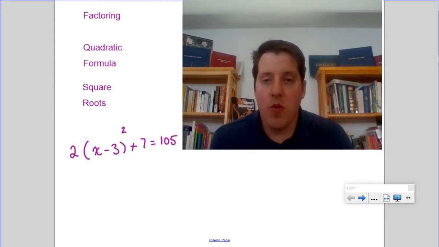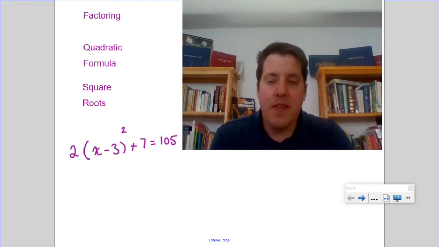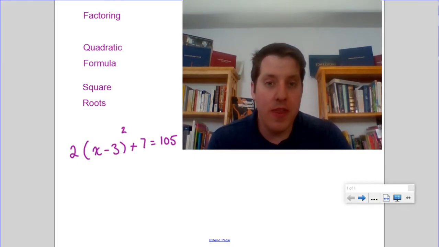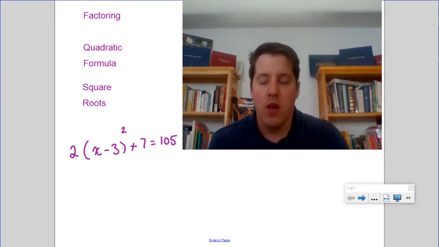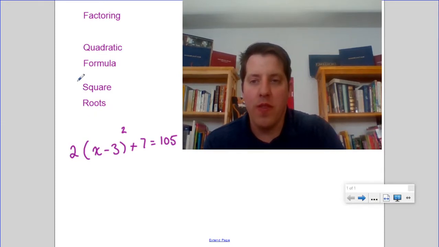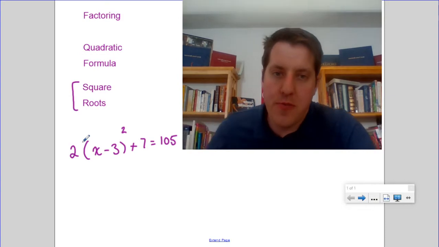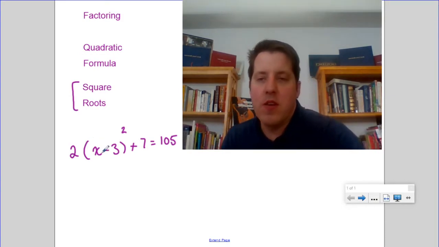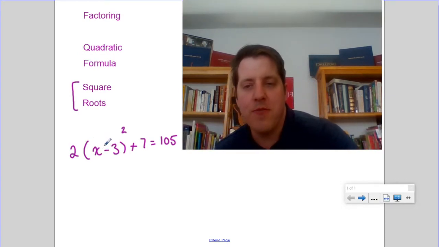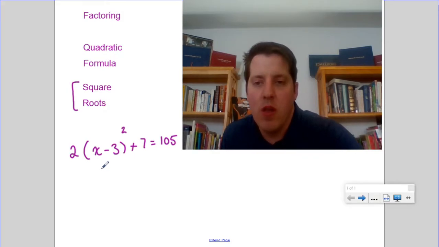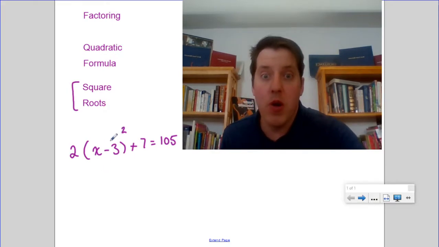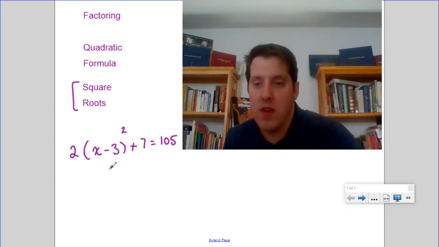Okay, so we're going to start with this equation here. And this is actually probably the hardest example of an equation in Algebra 1 that you might solve by using the square root method. So the first thing you want to know about the square root method is that you're going to use it when you can figure out that the variable is squared but only occurs once in the equation.